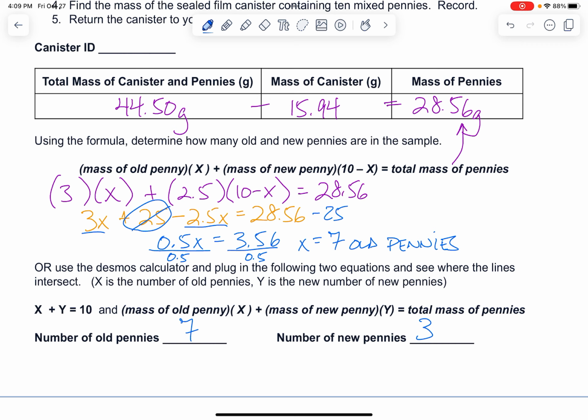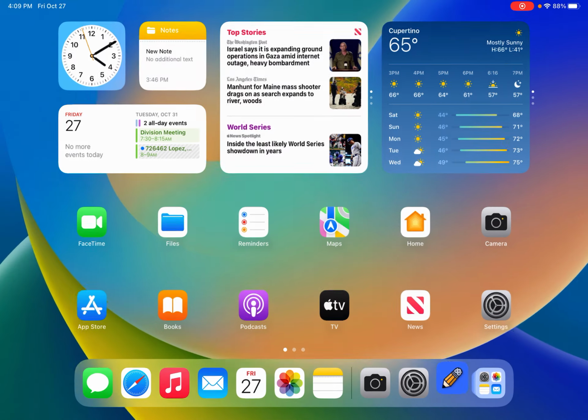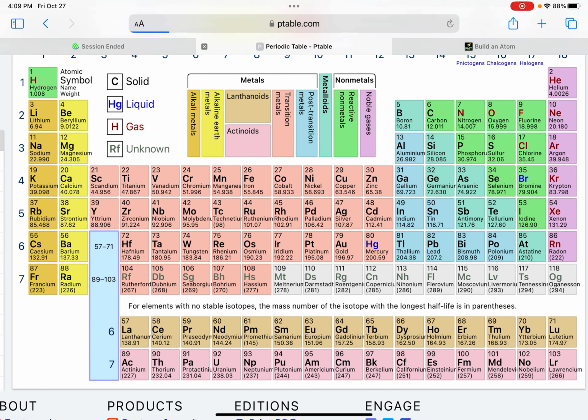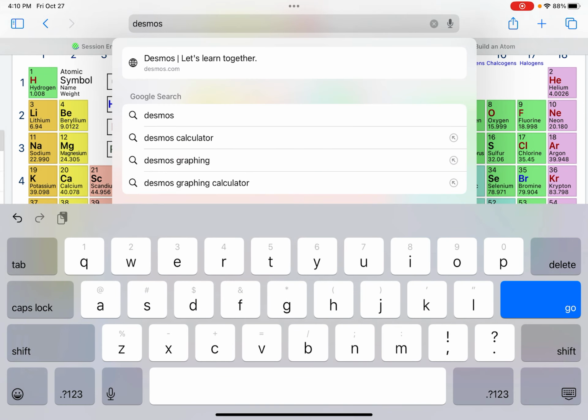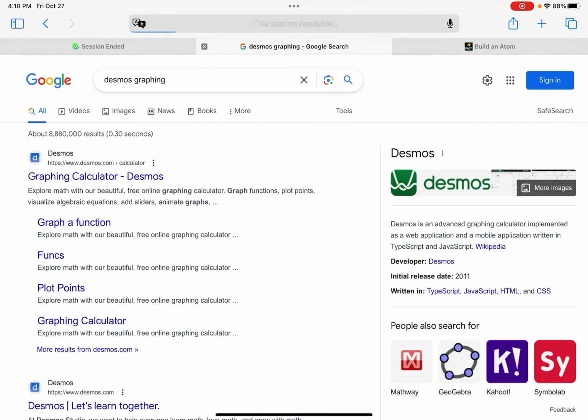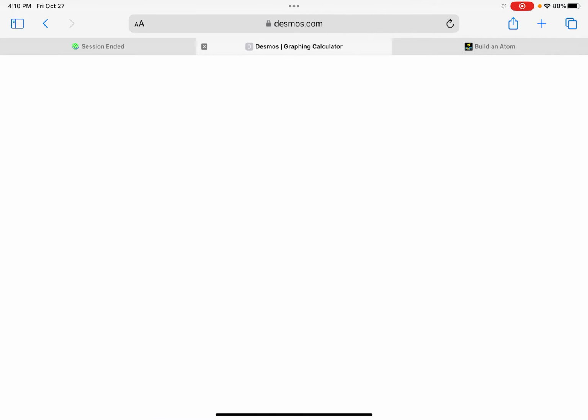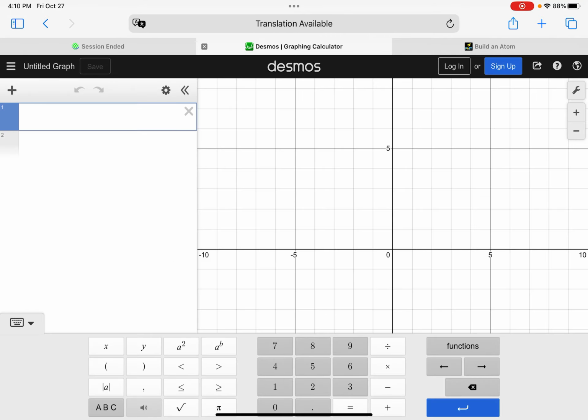All right. One neat thing that you can also do here is use the Desmos graphing calculator. And so if we open up a web browser here and type in Desmos graphing, what we can do is plug in our values according to the system of equations.